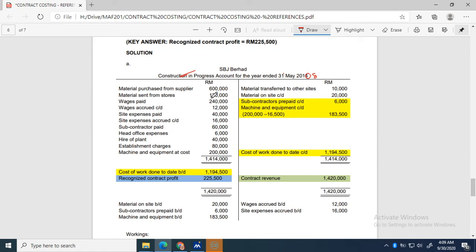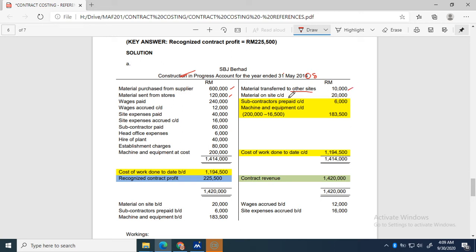So debit all the costs incurred. The first we have to record, referring to your question, is material purchased from supplier and material sent from store, all of which go into the construction. Material transferred to other side is taken out from construction, so it is on the credit side, 10,000.